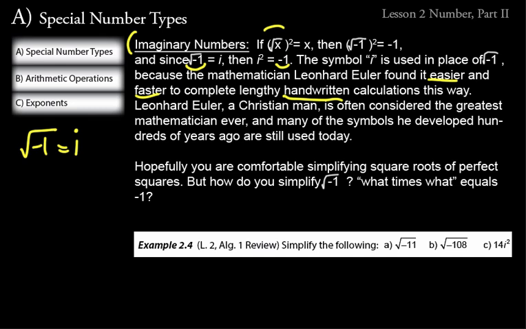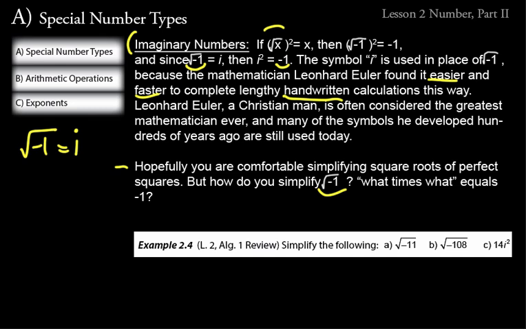I hope that you're comfortable simplifying square roots of perfect squares, like the square root of 16 is 4, the square root of 49 is 7, stuff like that. But how do you simplify the square root of negative 1? If it's the square root of 49, we think what times what equals 49. Well, what two numbers multiplied together equal negative 1?